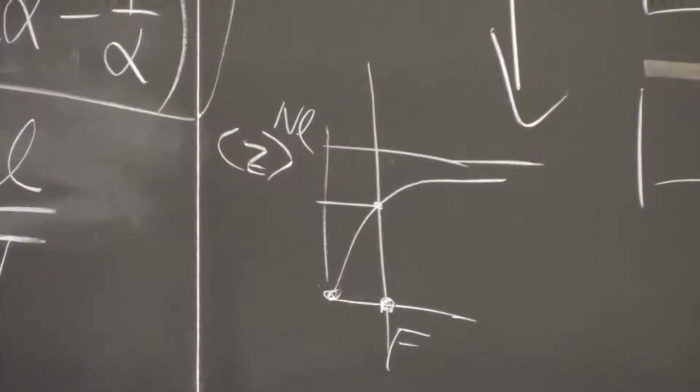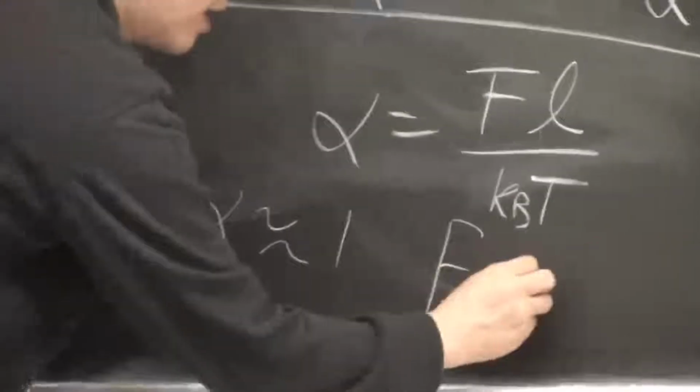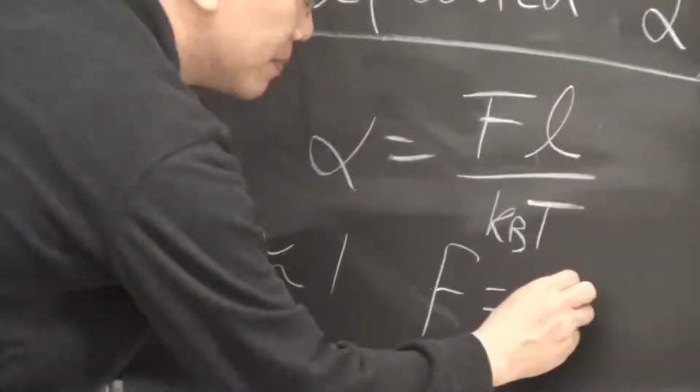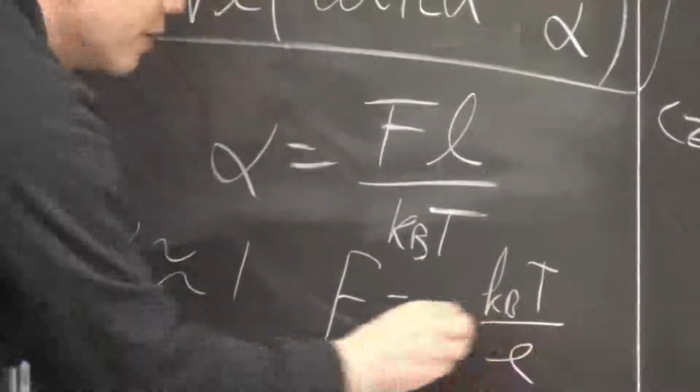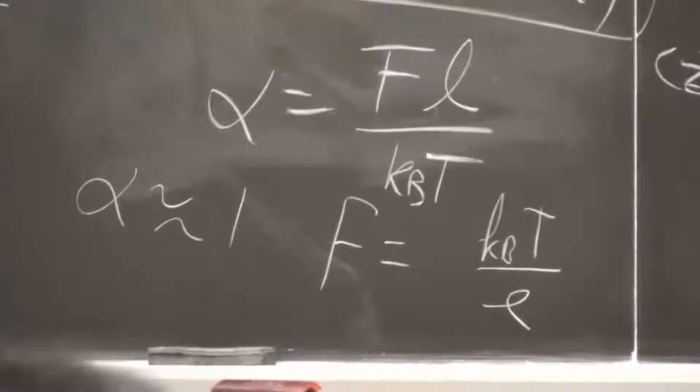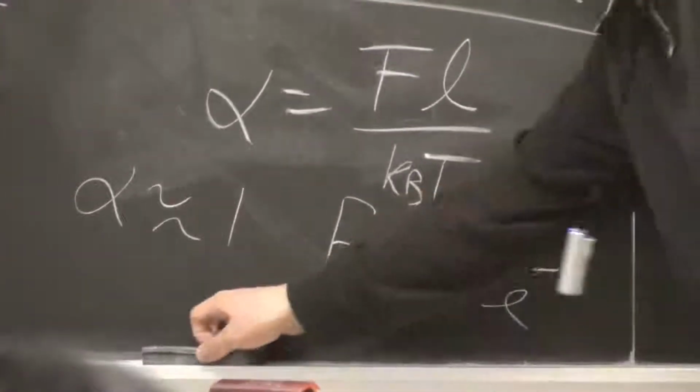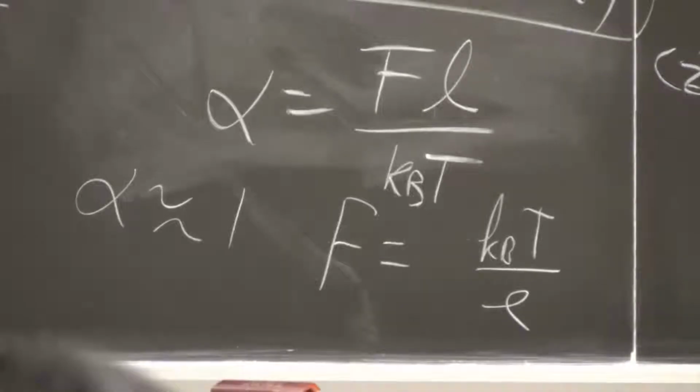So this means that you need to apply a force that is about kT divided by L to actually stretch the DNA substantially. So let me just put in some numbers to make sense of what I just said.